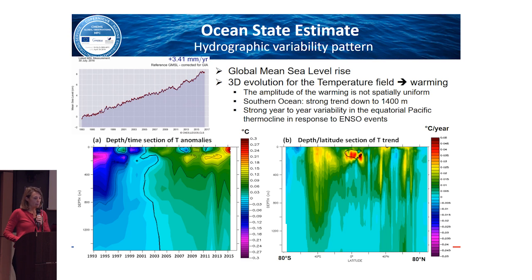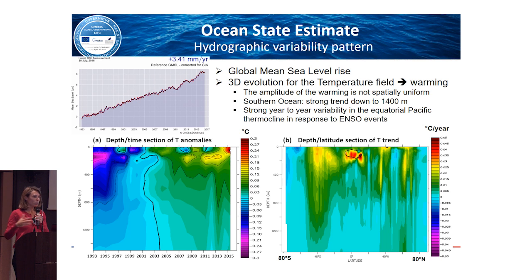I took the mean sea level curve that Yanis has just presented, and with our field we can have the 3D vertical structure of what is going on in the temperature and in the salinity field. So here are 2 examples. The first one is the depth time section of temperature anomalies, global means, and the second one is the depth latitude section of temperature trend over the 1993-2015 period.